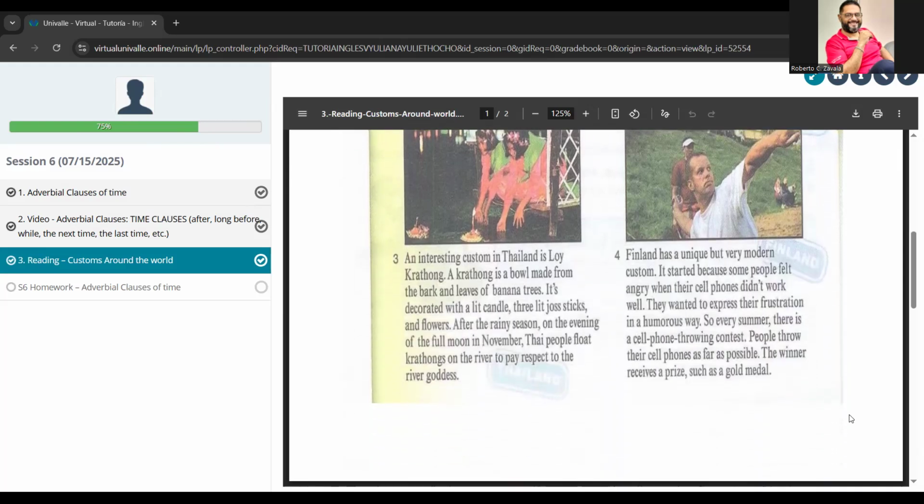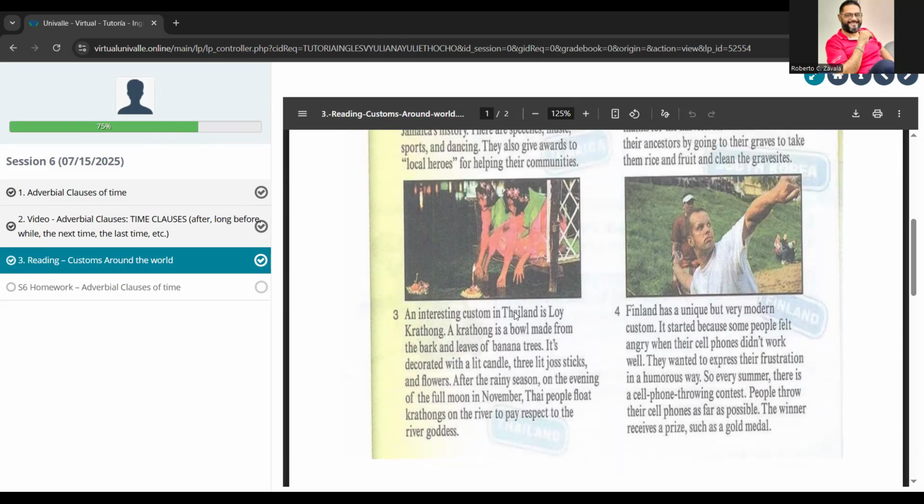And number 3, an interesting custom in Thailand is Loy Krathong. A krathong is a bowl made from the bark and leaves of banana trees. It's decorated with a lit candle, three lit joss sticks, and flowers. After the rainy season, on the evening of the full moon in November, Thai people float krathongs on the river to pay respect to the river goddess.